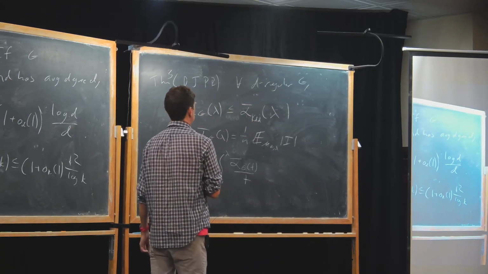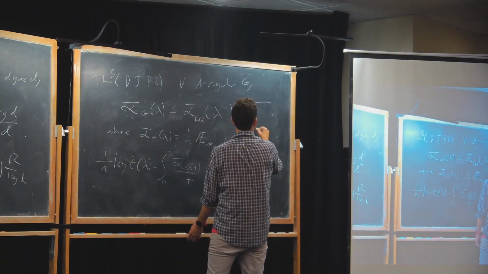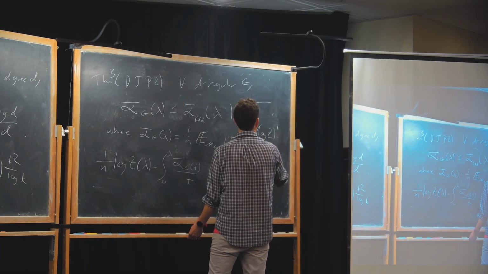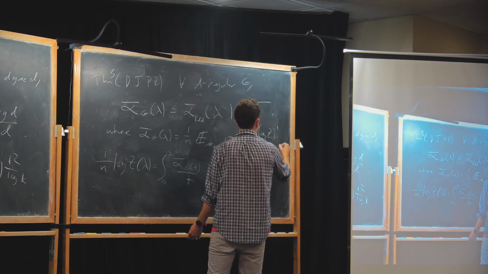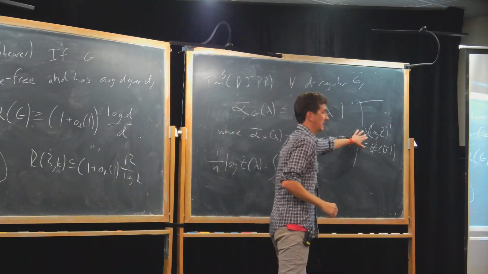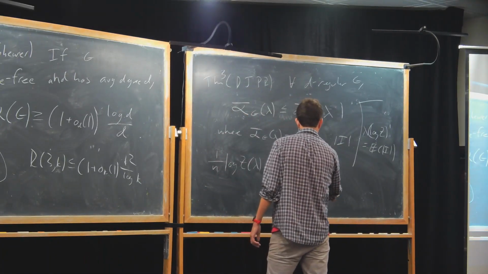Remember the identity I'm using is that lambda times the derivative of log Z is the expected size of the independent set. So I have to divide by t to get rid of this lambda, dt.